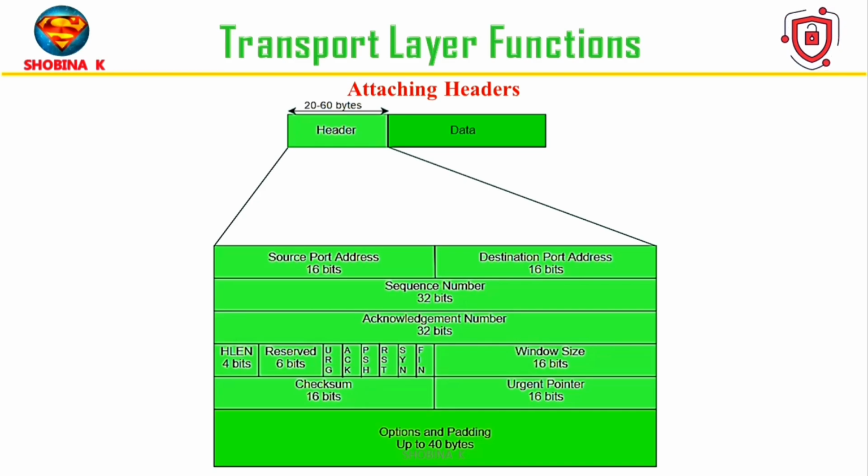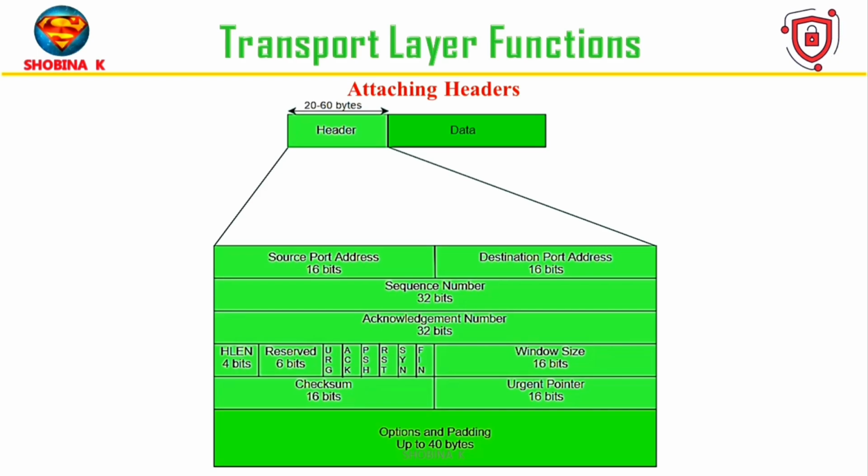Source port is the port number of the application sending the data. Destination port is the port number of the application receiving the data. Sequence number keeps track of data order. Acknowledgement number confirms data received and tells what to expect next. HLEN shows the length of the header, so the receiver knows where the data starts. RES, reserved. It is a reserved space for future use, usually set to 0.